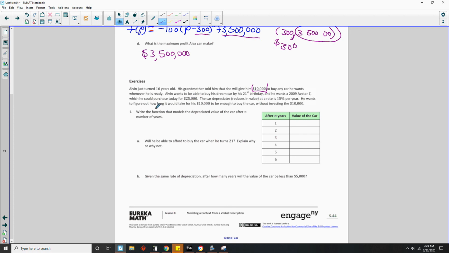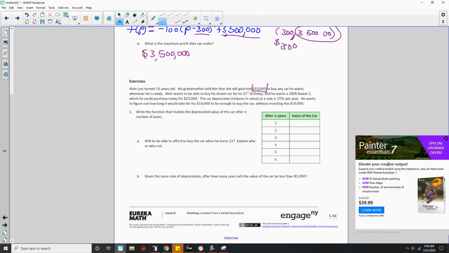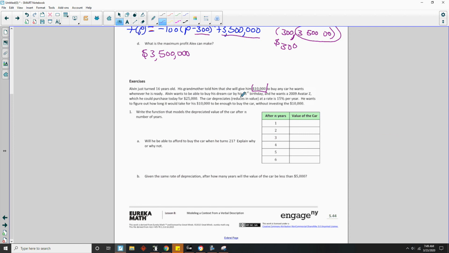Number 1 says write the function that models the depreciation value. What is this? The depreciated value of the car after n number of years. So we want a function that we're going to call f of n after n years.